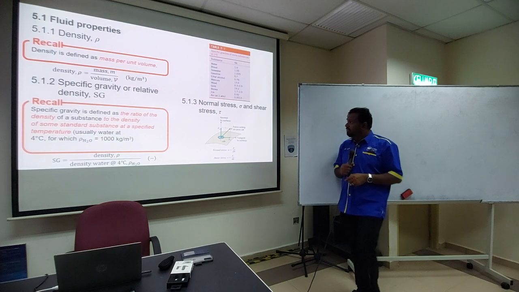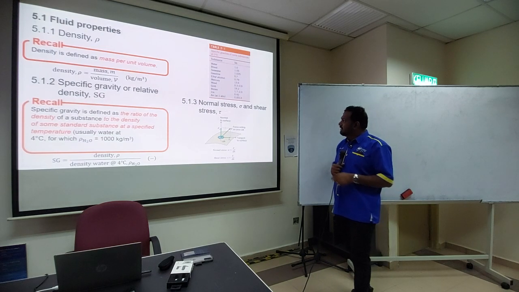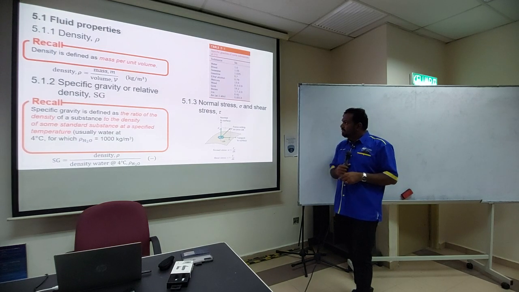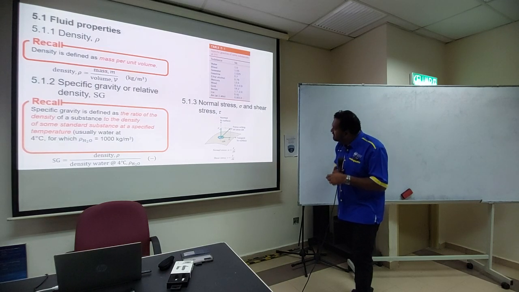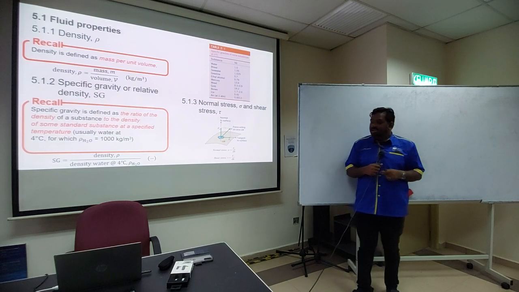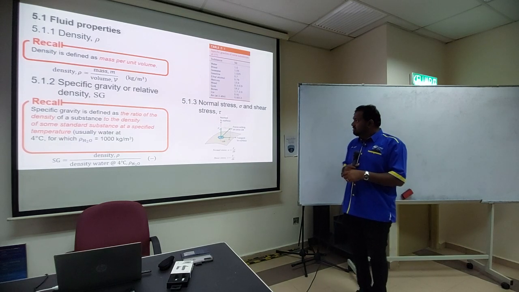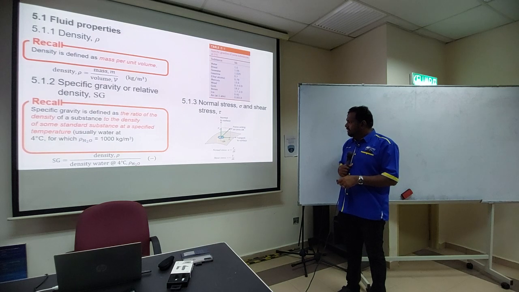Okay, then we have studied about this normal stress and shear stress. So there are 2 types of stress. Okay, so let's say this is a surface and you are having an area. You can have 2 types of force.